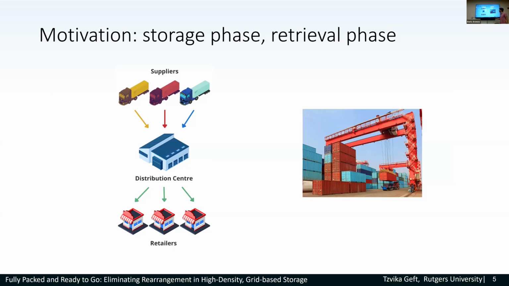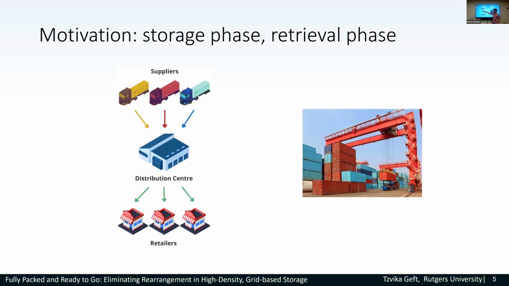Within this broader motivation, we study a specific setting which involves storage. First, all the loads are stored in some order, and then they are retrieved in some other order. This may seem a little bit restricted, but it actually fits a lot of natural motivations.